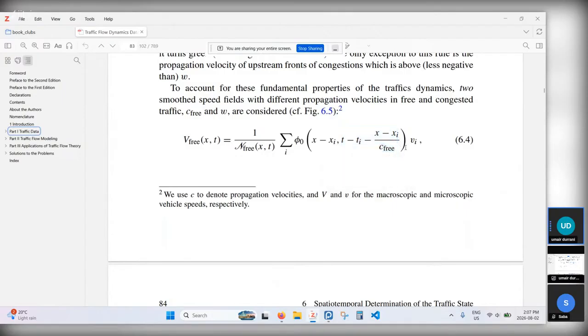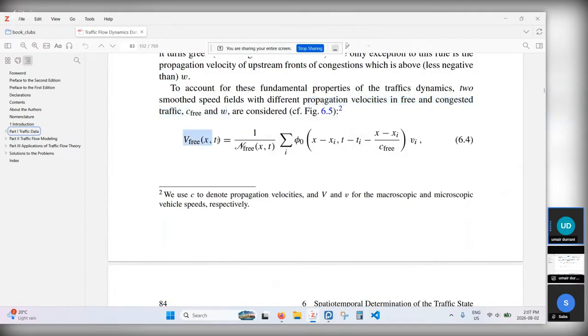So c free is representing the propagation velocities in congested traffic as well as in free traffic. So c free is actually for the free traffic. So we have propagation velocities in free and congested traffic, c free and w.